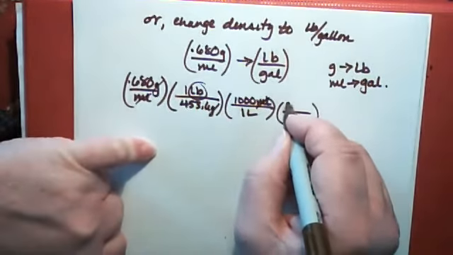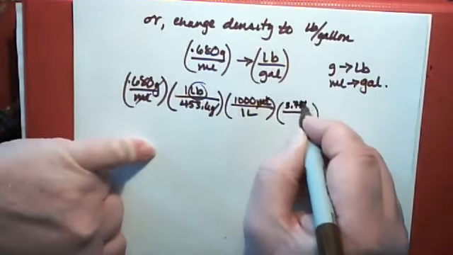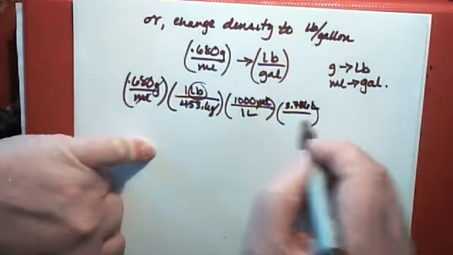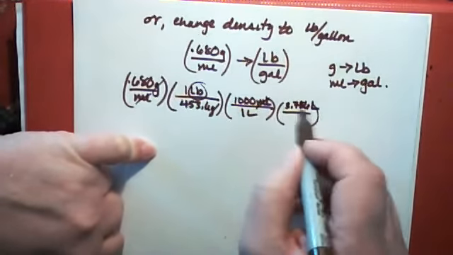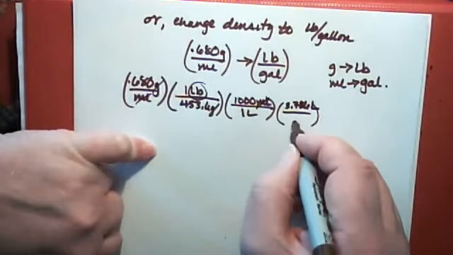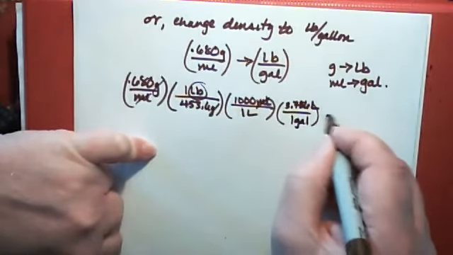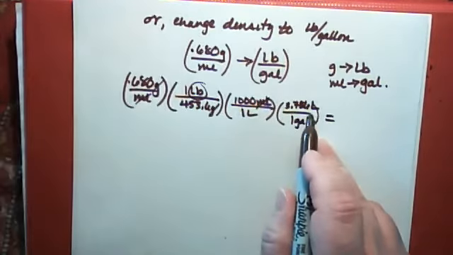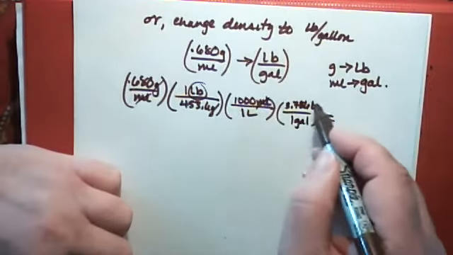Again, this means that since the unit you want to get rid of is on the bottom, that unit has to go on the top. And it's 3.786 liters for every 1 gallon.